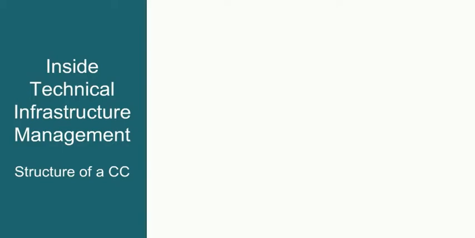I mentioned earlier the layered approach that we've adopted using TIM. By describing the categories and the capability building blocks, I hope to illustrate how we've done this. So our first category is the actual physical infrastructure itself.